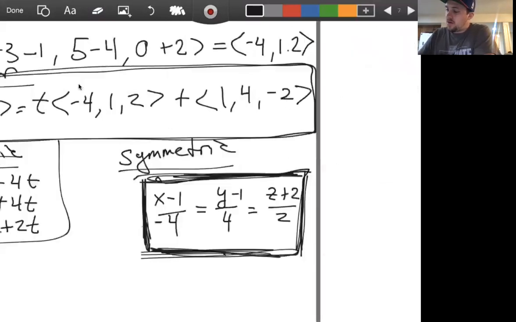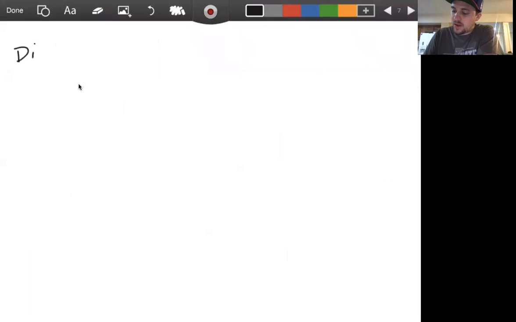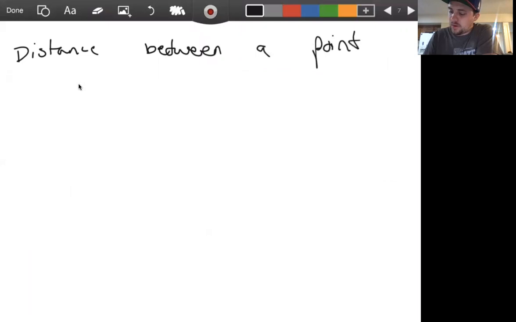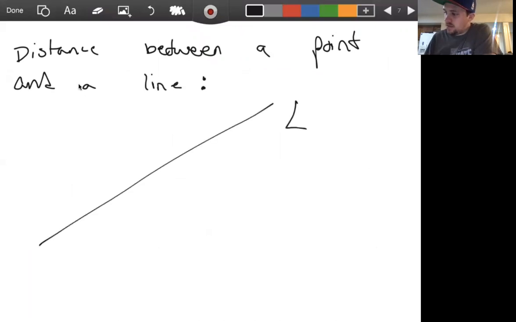Next, we can find the distance between a point and a line. Okay, so let's imagine we have some line L with direction vector v, or for the sake of the picture here, let's say v is in this direction.